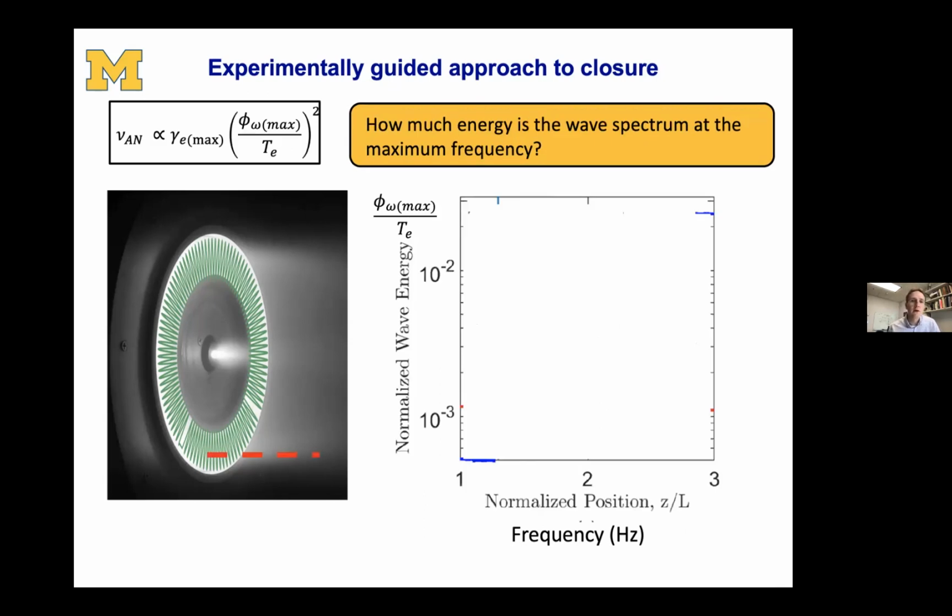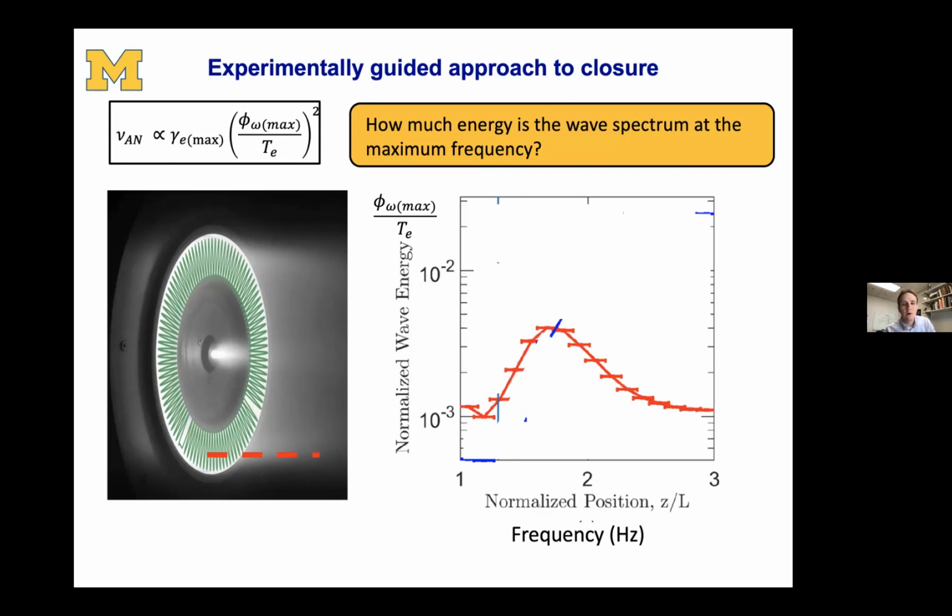The second question from a closure perspective is how much energy is actually present at that length scale. And indeed, there are a number of different kind of saturation processes that have been proposed to date, ranging from the Fowler limit to just simple thermal saturation limit, or things like the existence of ion trapping. But kind of an intuitive one is to make the assumption that the maximum of energy that the waves can pull out of the plasma is going to be commensurate with the thermal energy.